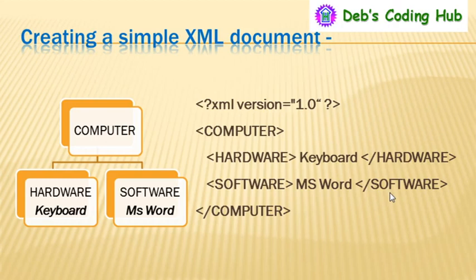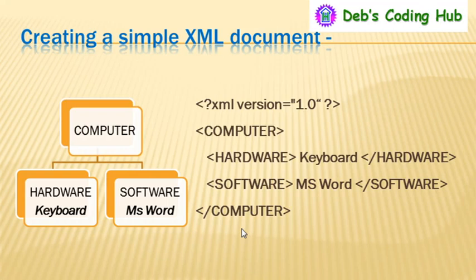There is no concept of empty tags in XML. Then, as we have already completed two child elements, we must close the root element computer. So actually the root element is holding two child elements, hardware and software, and their respective values are keyboard and MS Word.